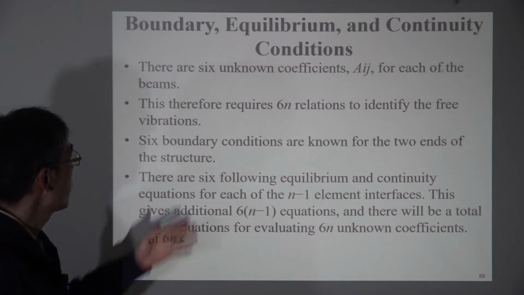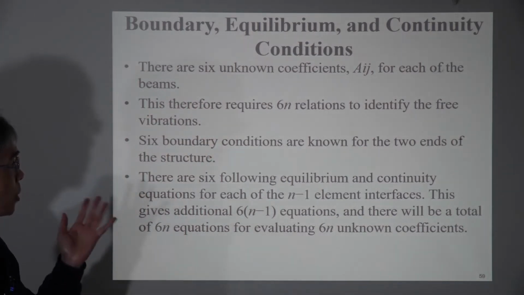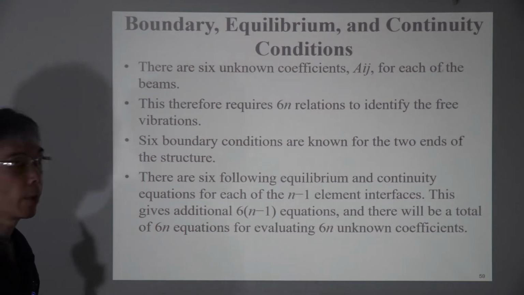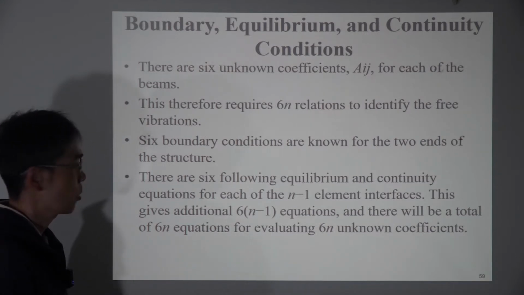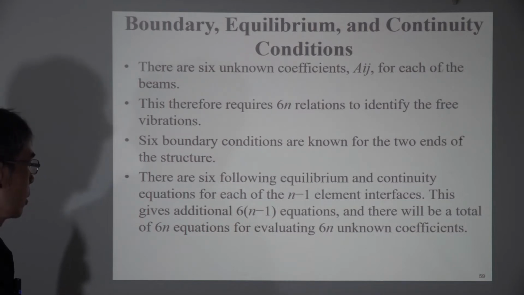And since we have 6 unknowns for each beam, we have 6n equations, unknowns. So we need 6 multiplied by n conditions to solve for the system of equations.